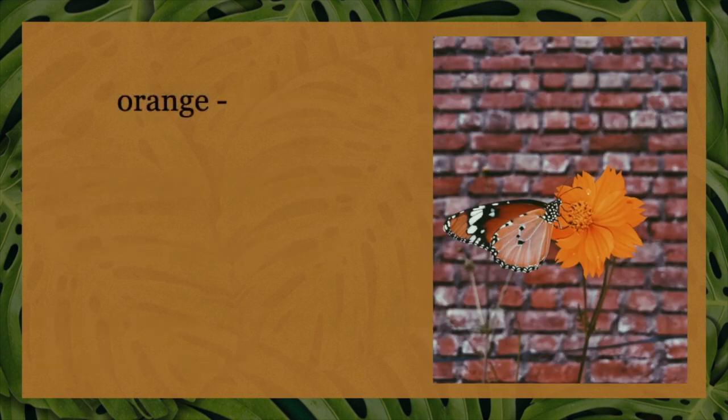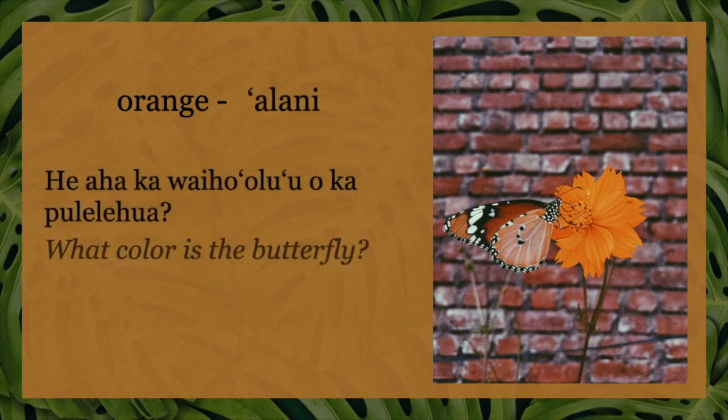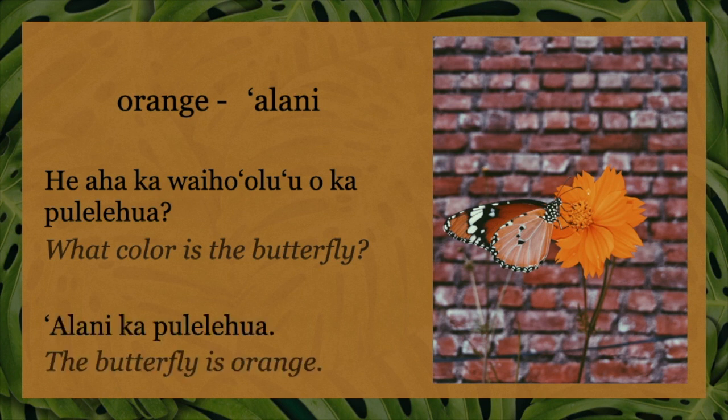Orange is alani. He aha ka Waiho'olu'u o ka pulelehua. What color is the butterfly? Alani ka pulelehua. The butterfly is orange.